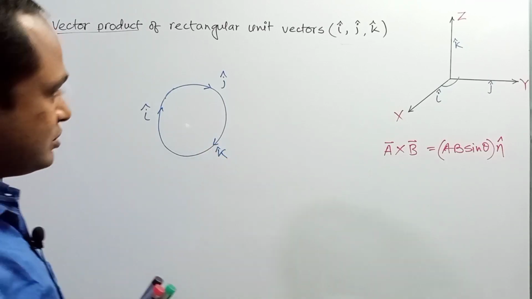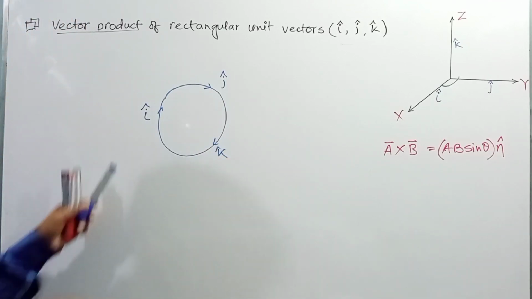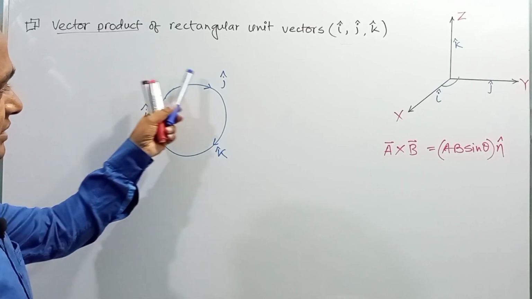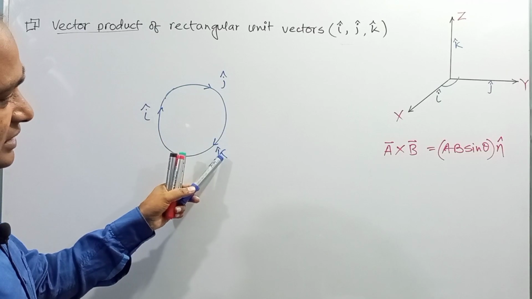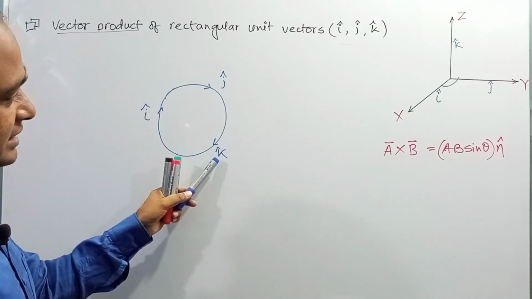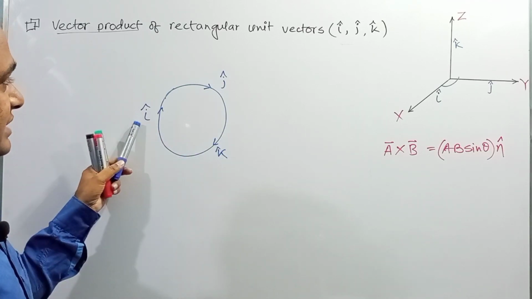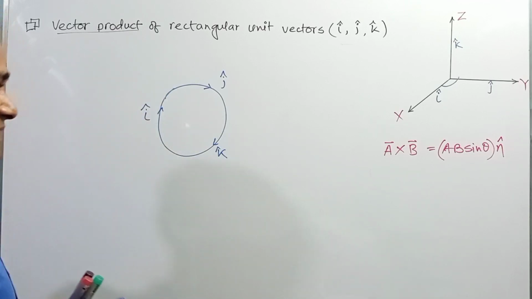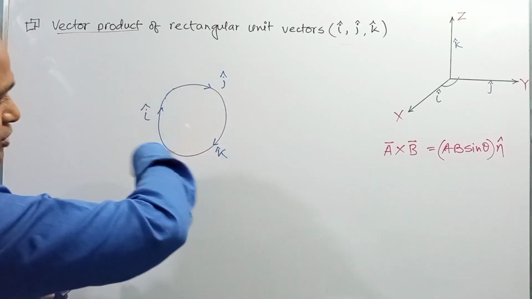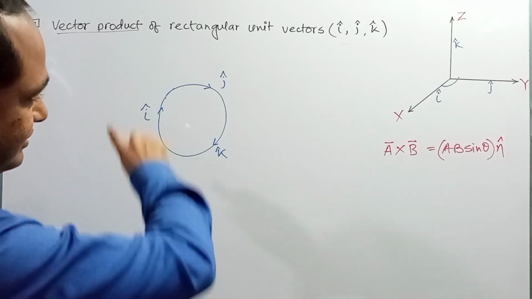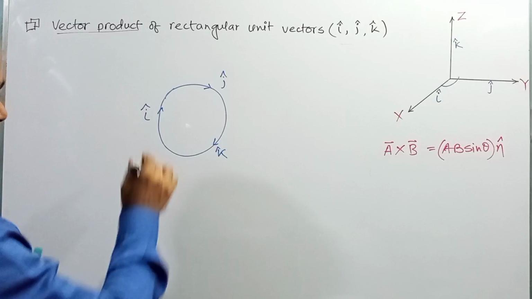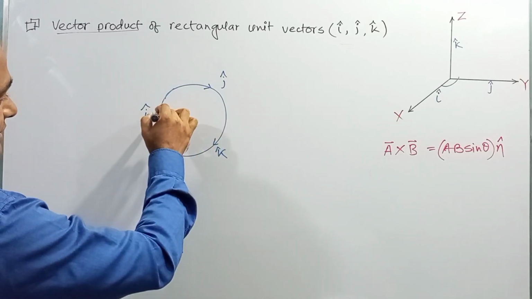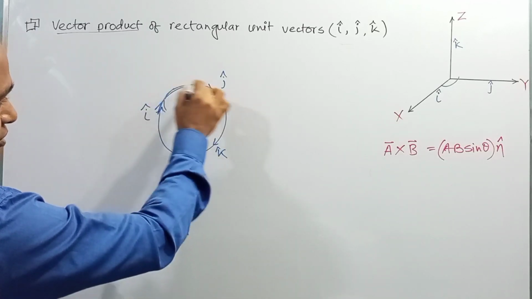In the expression you already observed that when you multiply i cross j, you get k. When you multiply j with k, you get i. When you multiply k with i, you get j. So if the rotation or order follows the clockwise direction, then the result will be positive, that is i to j in this clockwise direction.